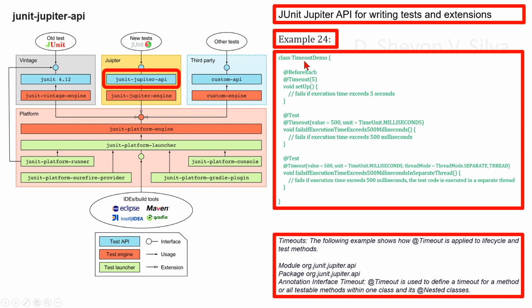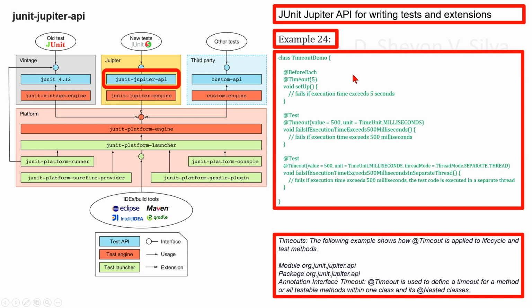Declaring a timeout on a test factory method checks that the factory method returns within the specified duration but does not verify the execution time of each individual dynamic test generated by the factory. Please use the assertTimeout or assertTimeoutPreemptively method for that purpose.